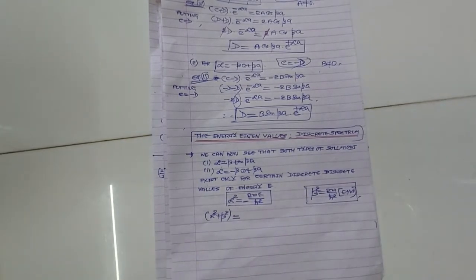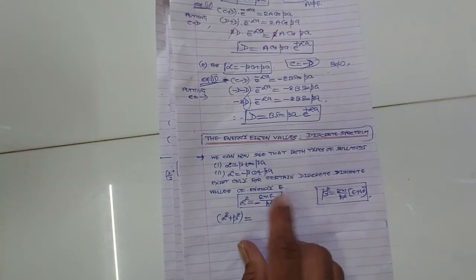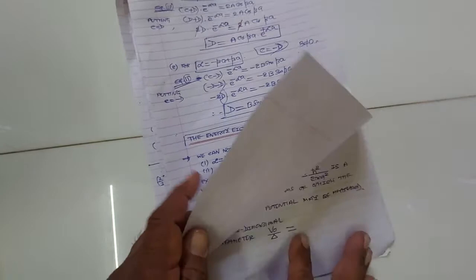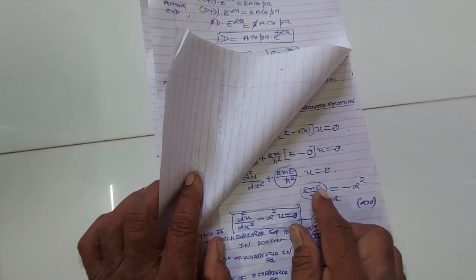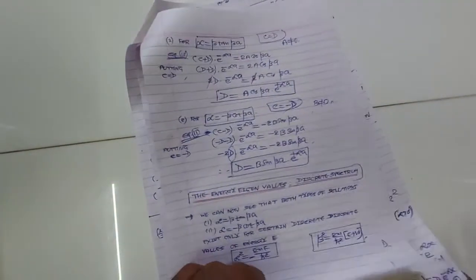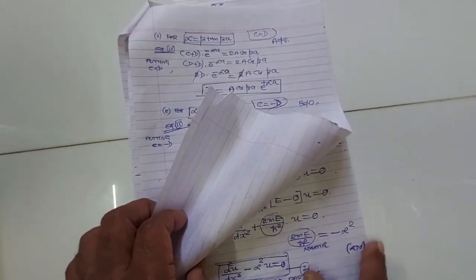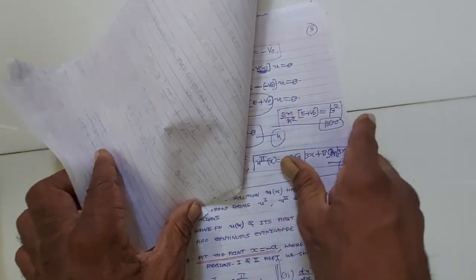Okay. So we have two constants. Alpha square is defined by minus 2mE upon h cross square, and beta square is defined by 2m upon h cross square (E plus V0).